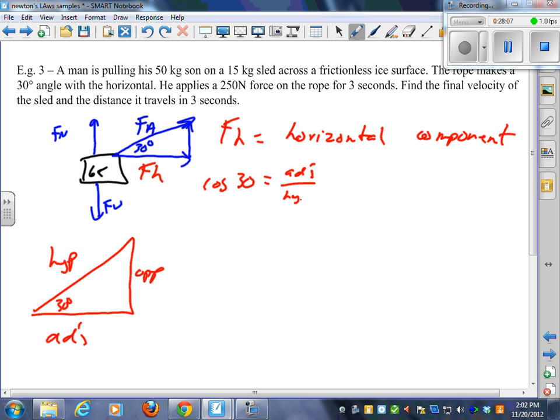My adjacent side is my horizontal component, and my hypotenuse is my applied force. I can rearrange that to solve for FH. Do I have that applied force? I do. Applied force is 250. How do I solve for FH? Multiply by 250, right?